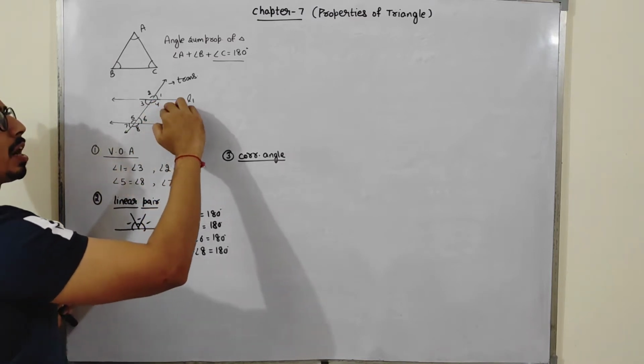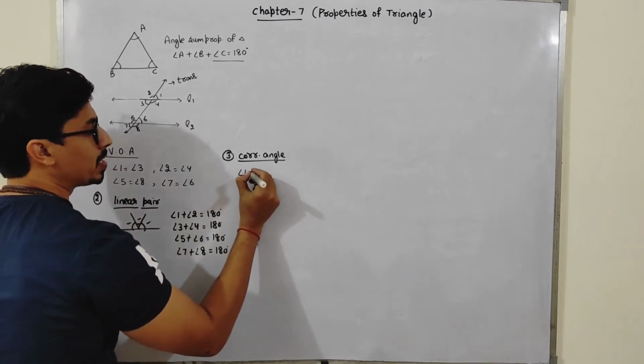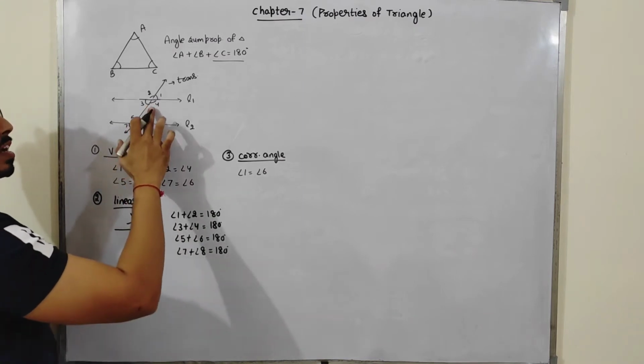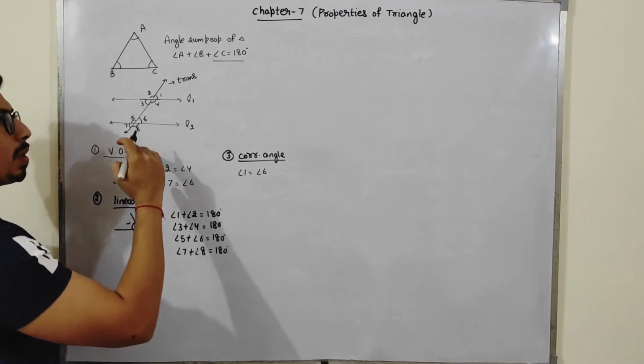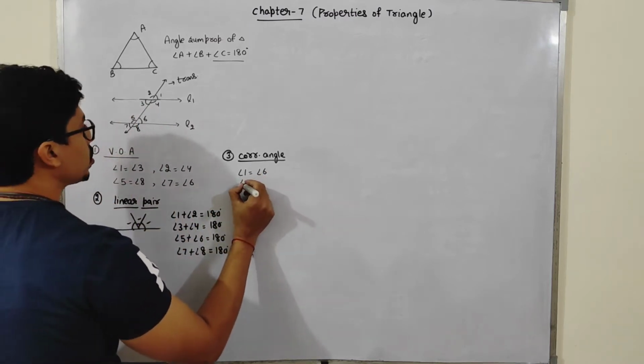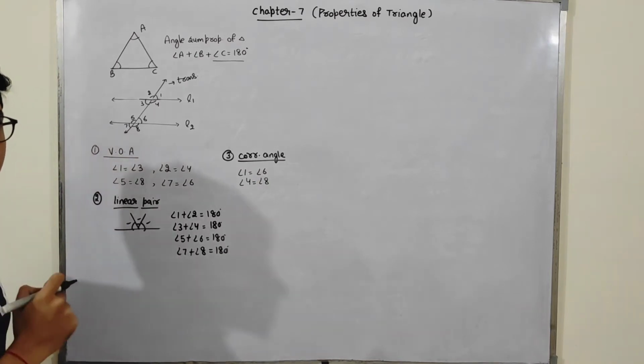But see, this is upward of line 1 and this is also upward of line 1. So angle 1 is equal to angle 6 due to corresponding angles. Similarly, angle 4 is downwards of line L1 and this angle 8 is also downward. So angle 4 is equal to angle 8 because of the corresponding angles.